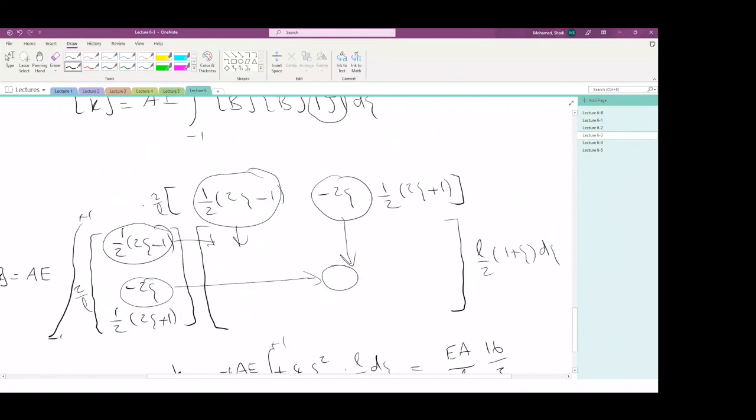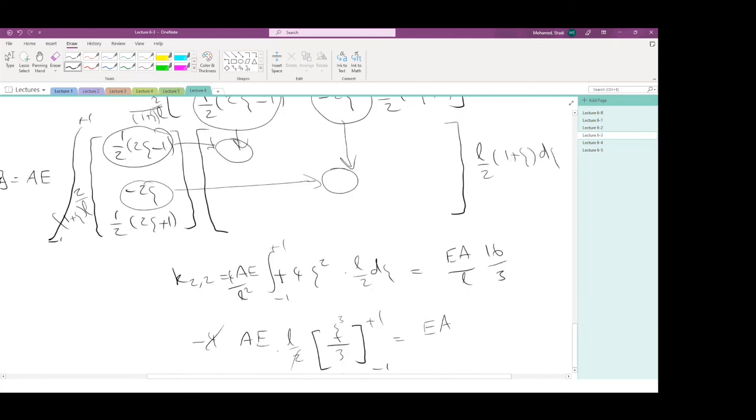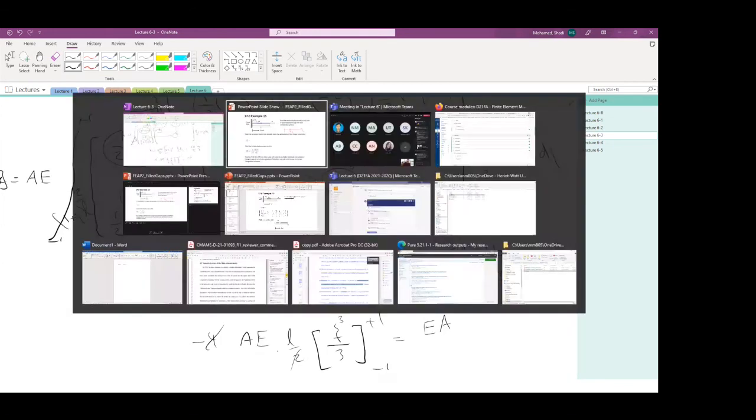And this guy here will become 2 over L1 plus xi and 2 over L1 plus xi. Things will not cancel out anymore, and you have xi at the top and xi at the bottom. So I'm just going to write the first integral here. How it looks is going to look like this.